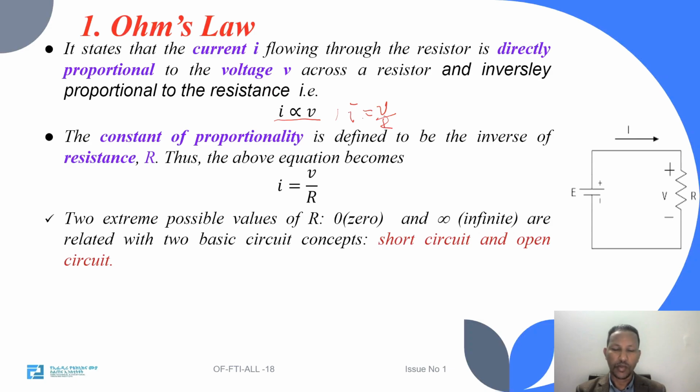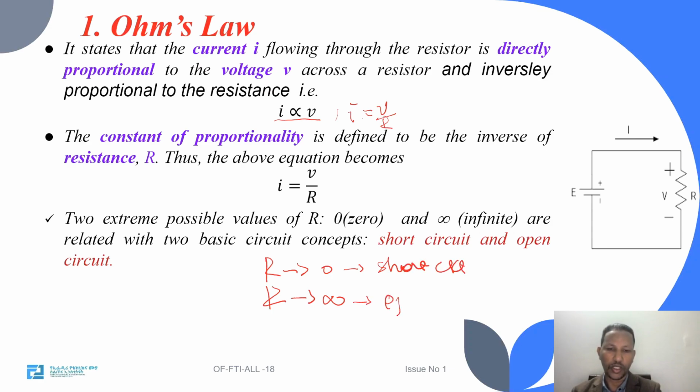So we have two extreme values for resistance: when R approaches 0, and when R approaches infinity. For R approaching 0, the circuit is a short circuit, and voltage is 0. For R approaching infinity, the circuit is an open circuit, and current is 0.